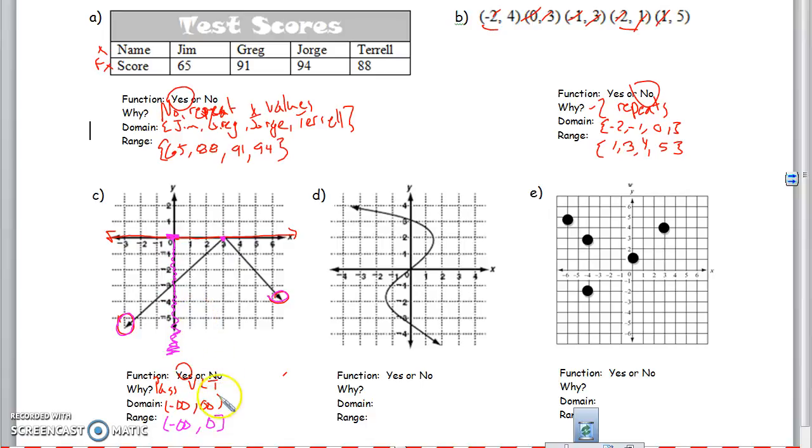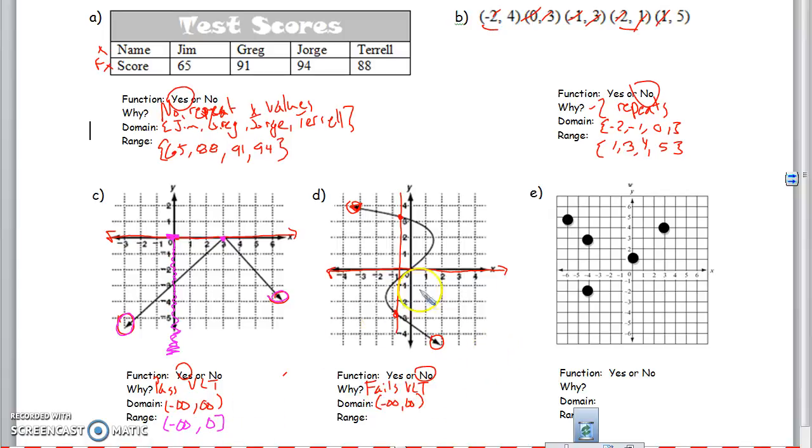So let's look at another one. Look at D. Is this a function? No, it fails the vertical line test. Now domain, let's do it again. If I go left, what am I looking for? This arrow tells me I'm going to negative infinity. If I go right, this arrow tells me I'm going to positive infinity.